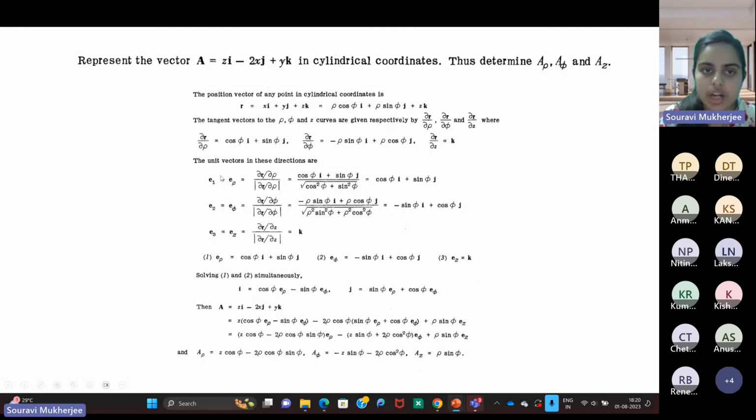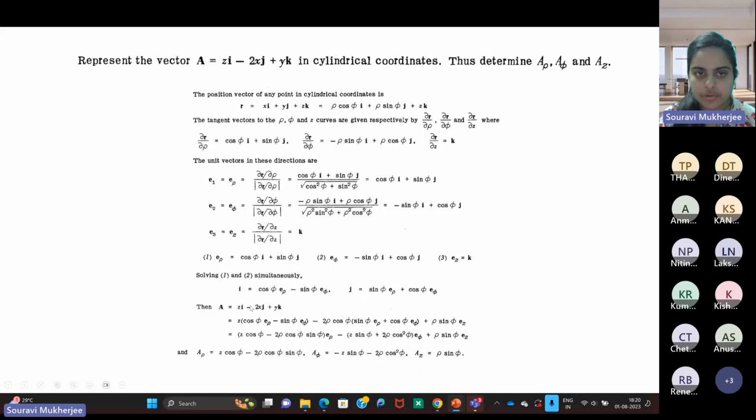E1 is equal to rho cap, E2 is equal to phi cap, and E3 is equivalent to z cap, right? This tells you how the unit vectors along your new coordinate system depend on the old coordinate system, that is, the rectangular coordinate system unit vectors. And then you can simultaneously solve them to write i cap and j cap in terms of these new unit vectors, right?